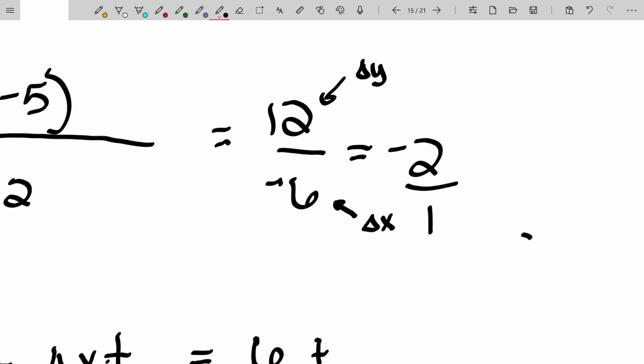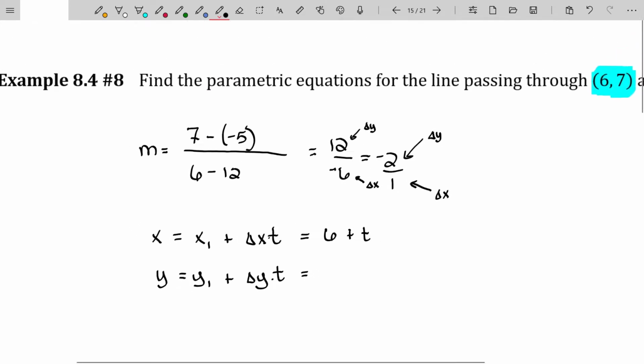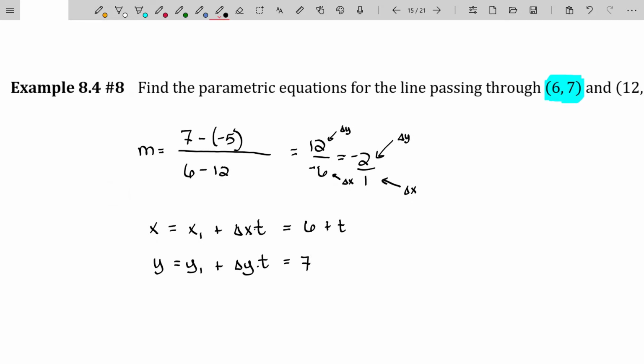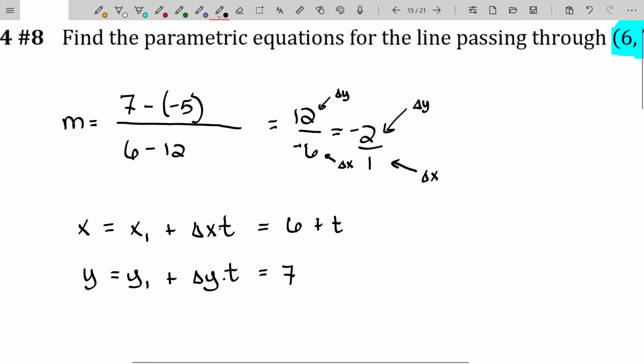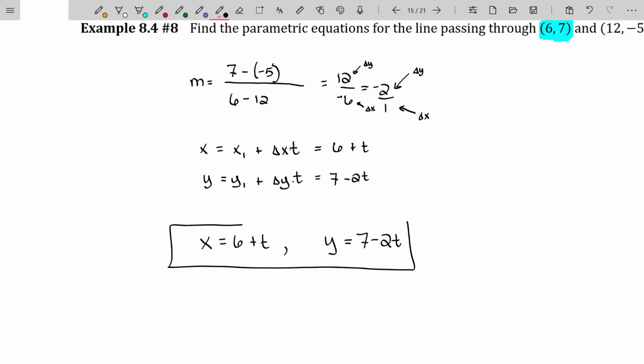Or you could use this form and say that delta x is 1 and delta y is -2. It's your choice. I'm going to use the -2 over 1. So my delta x is just 1 times t. And then y sub 1 is 7 plus delta y, but delta y in our case is going to be -2 times t. So the parametric equations for that line are going to be x equals 6 plus t, y is equal to 7 minus 2t. There you go.